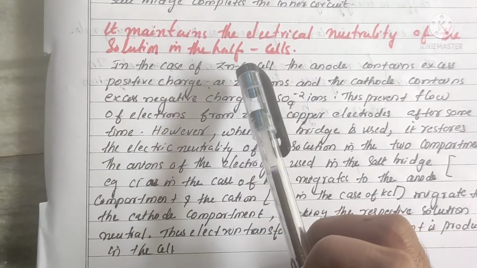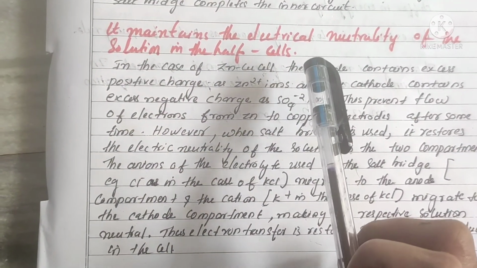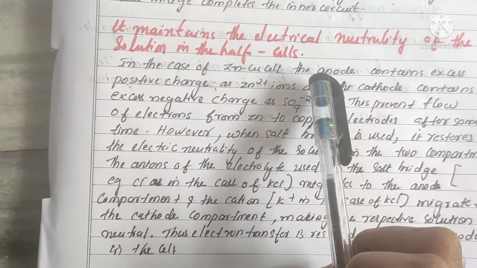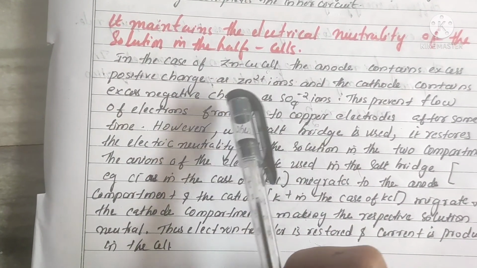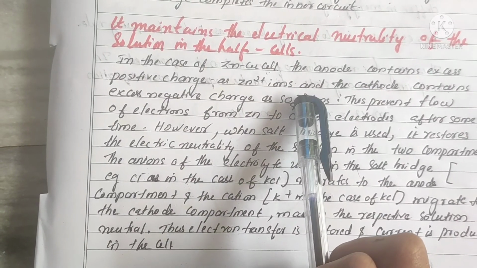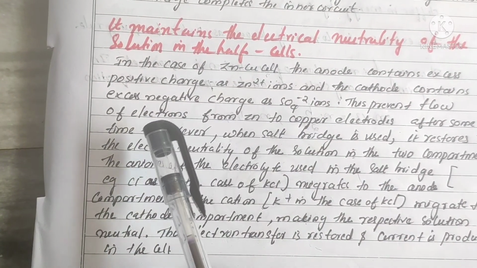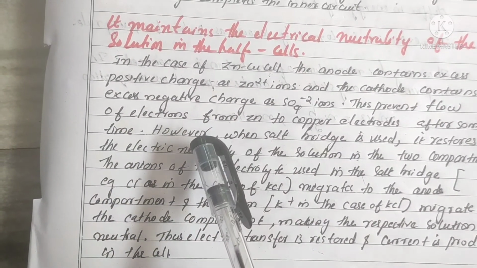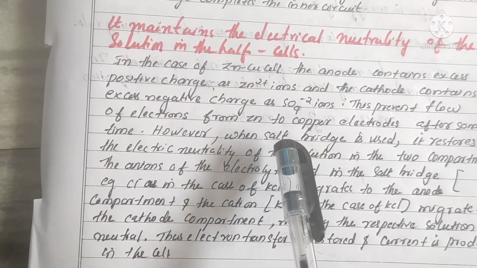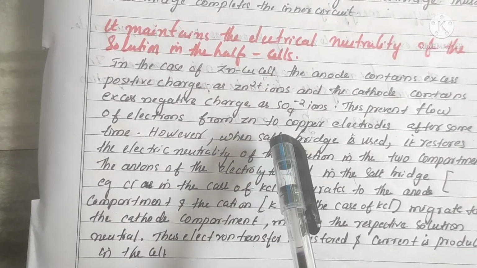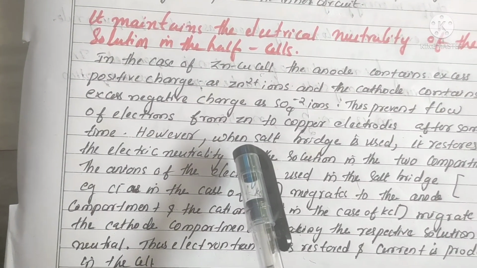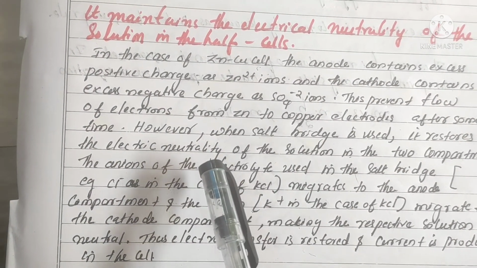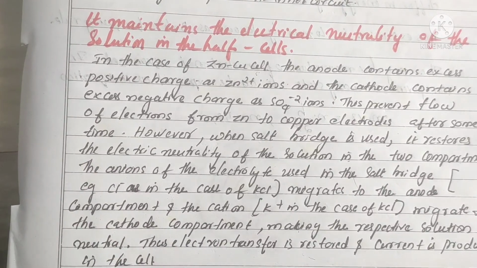In the case of the zinc copper cell, the anode contains excess positive charge as Zn2+ ion and the cathode contains excess negative charge as SO4 2- ion. This prevents the flow of electrons from zinc to copper electrode. After some time, when the salt bridge is used, it restores the electrical neutrality of the solution in the two compartments.